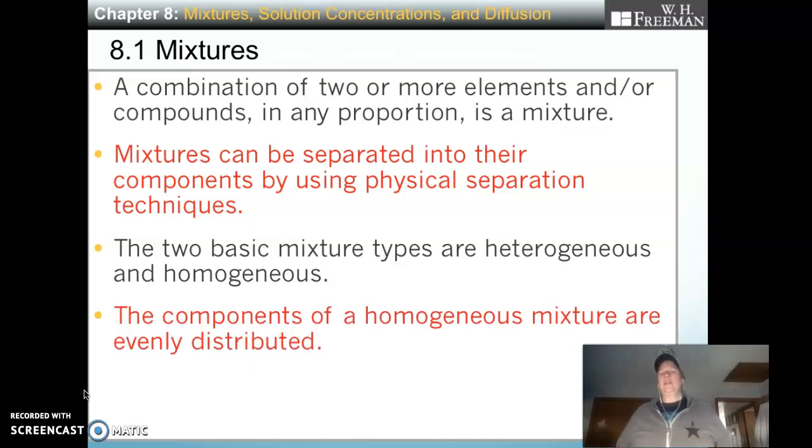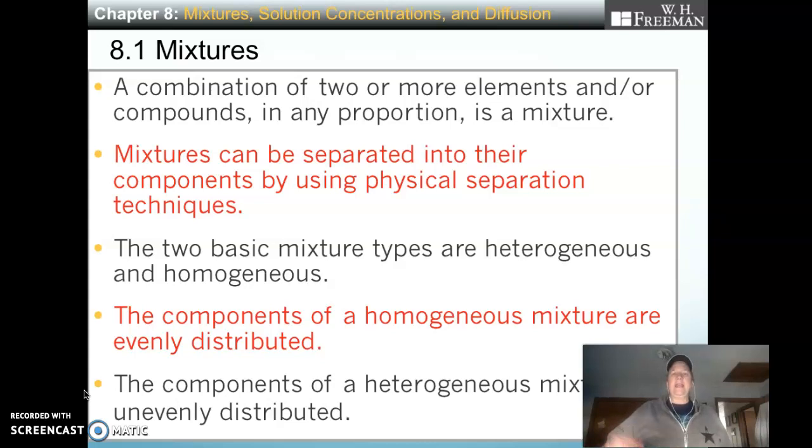Okay? So in a homogeneous mixture, you can't see parts. Everything is evenly distributed, okay? And in a heterogeneous, you can see parts. You can see layers, you can see actual particles, things like that. So that's your 2 types of mixtures, heterogeneous and homogeneous.